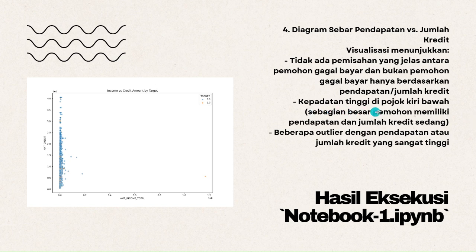There's also high density within the lower left corner, in which most applicants have income and credit amount that is average, that is medium. There are a few outliers with income or credit amount that are high.